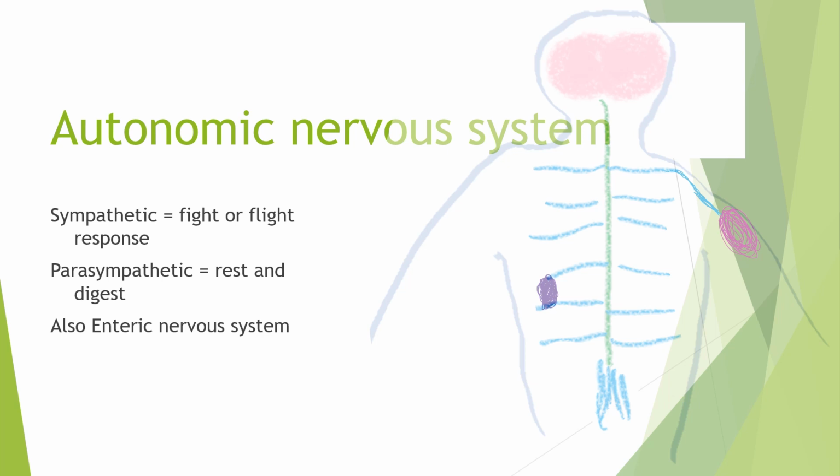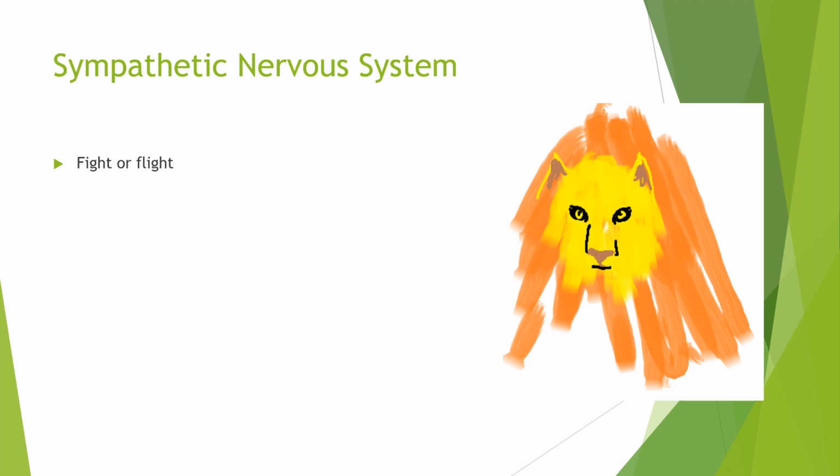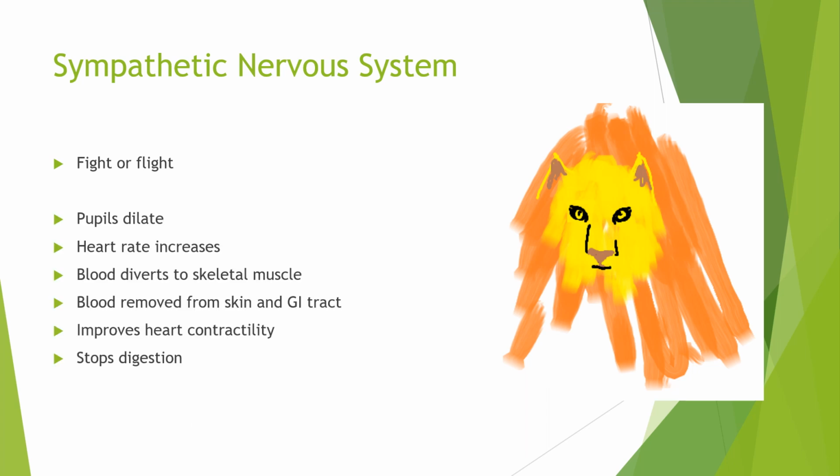So sympathetic, first of all, often gets called fight or flight, which effectively means that you see a lion and your pupils dilate, your heart rate increases, your blood will divert to skeletal muscle, blood gets removed from the skin and the GI tract, your heart contractility improves, digestion gets paused so that we can use all of our muscles and our eyesight and our heart to run away or to fight.